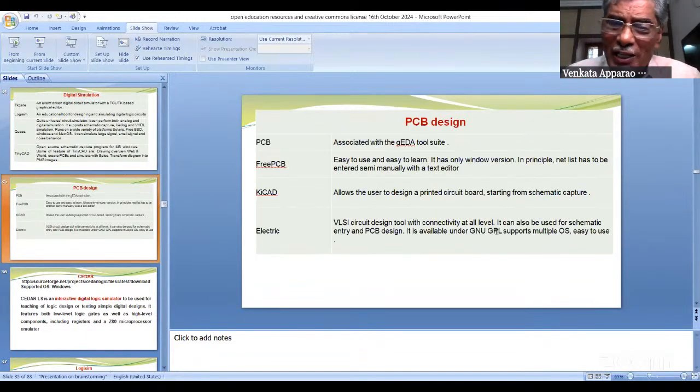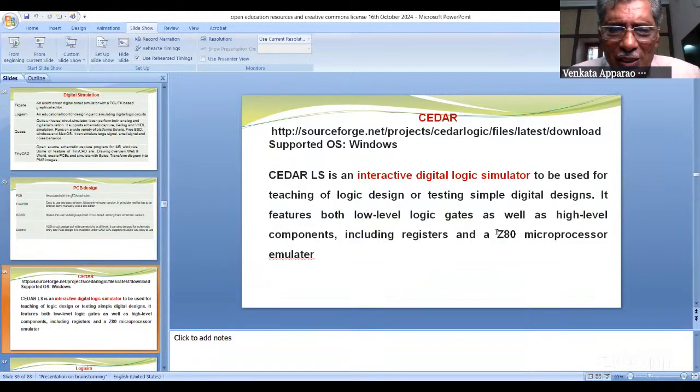Suppose PCB design. Printed circuit board design is very important in making any electronic equipment. These are the free and open source softwares available for PCB. And SEDAR LS is an interactive digital logic simulator to be used in teaching of logic design or testing simple digital design features, both low-level logic gates as well as high-level components, including registers.